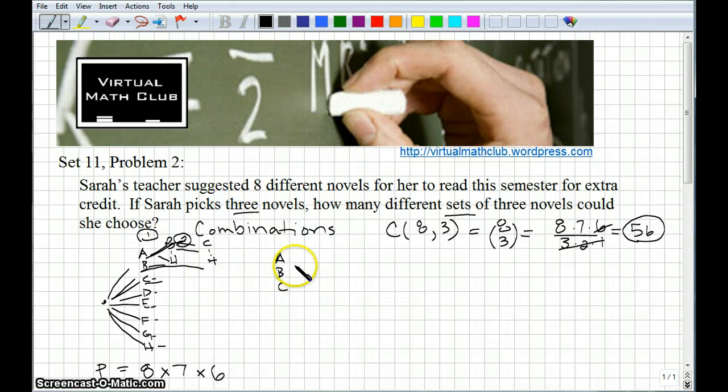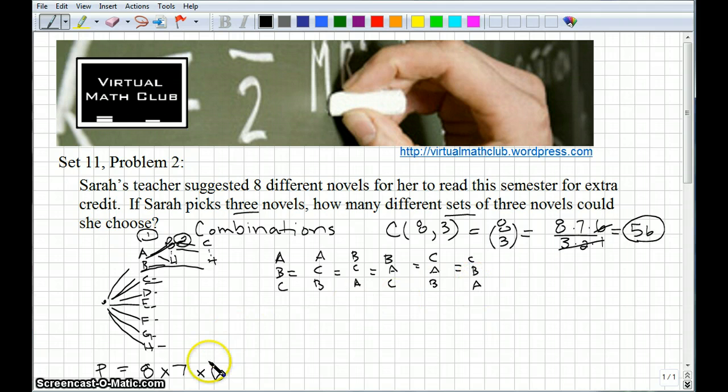So ABC is the same as ACB, which is the same as BCA, which is the same as BAC, which is the same as CAB and CBA.